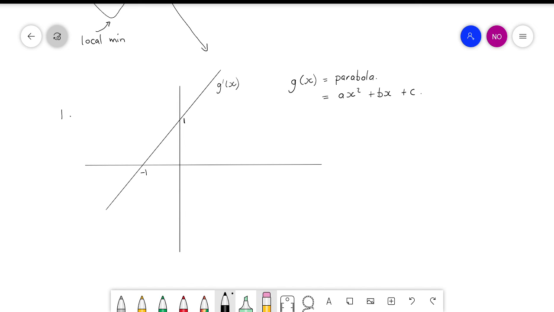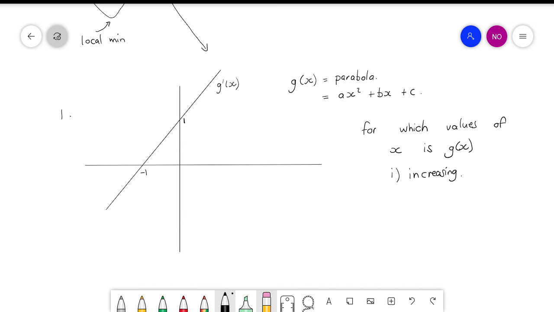Okay. Dan vra hulle vir jou, vir watter waardes van x is g van x, and remember this is the original function. So as hulle vir jou vra, vir watter waardes van x is hy toenemend? What are we looking for?